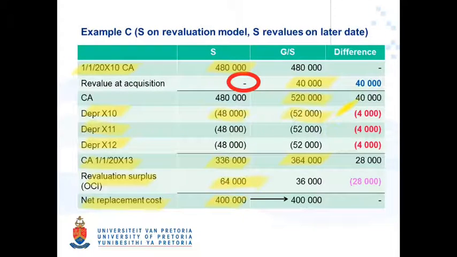Because the carrying amount is different in the group statements, we will only have to recognize a revaluation surplus through OCI credit of 36,000 Rand. That leads to a further difference of 28,000 relating to the X13 financial year. All differences need to be adjusted for through consolidation journal entries.